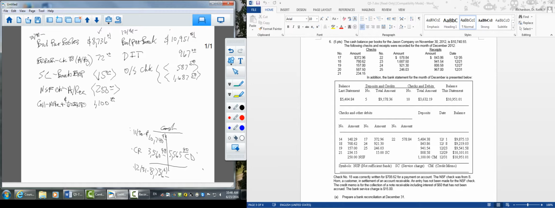I don't either. So what I would do is I would add these up at this point. Actually I should leave myself a little room for the adjustment journal entry down at the bottom so we can get it all on one page. So what we're going to call this thing is the adjusted balance.